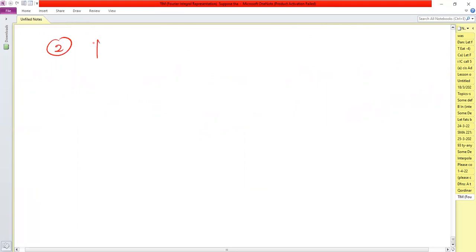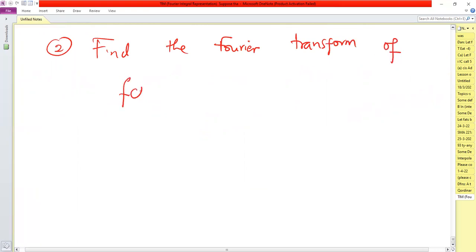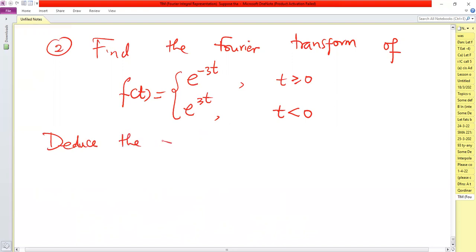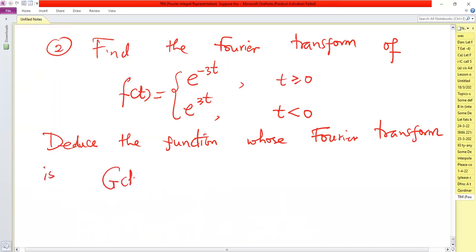So example 2: find the Fourier transform of a function f(t) given by e^(−3t) when t is non-negative, e^(3t) when t is negative, and then from this deduce the function whose Fourier transform is g(k) given by 6 divided by (10 + 2k + k²).